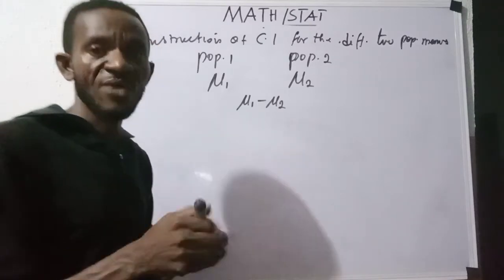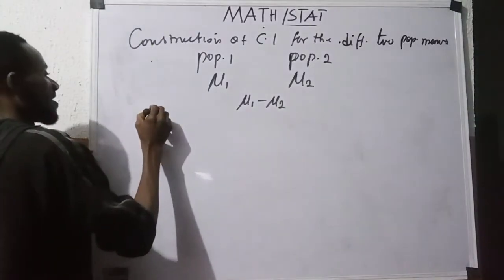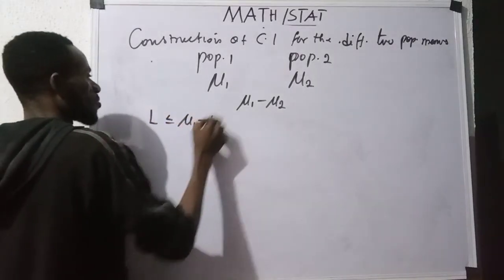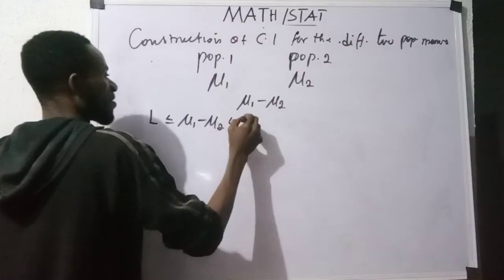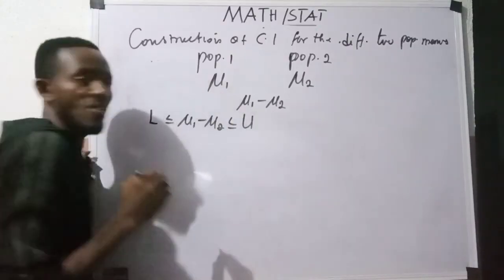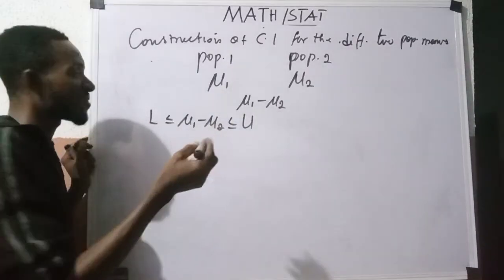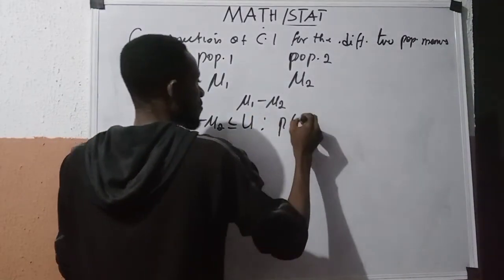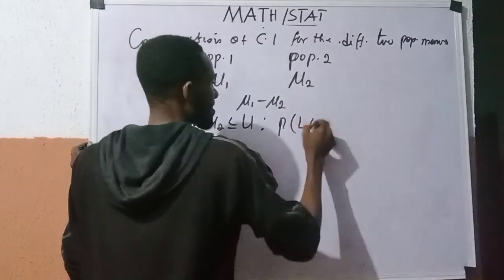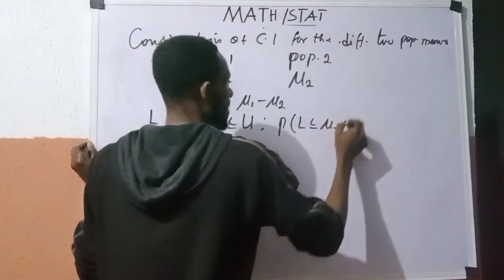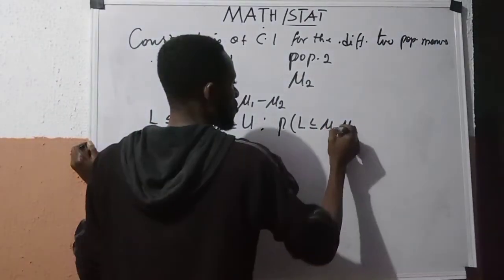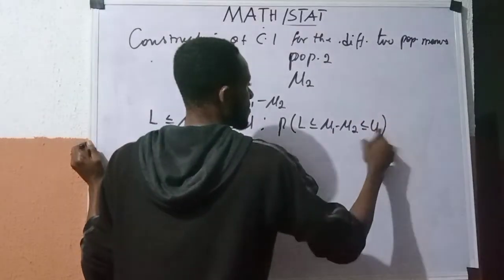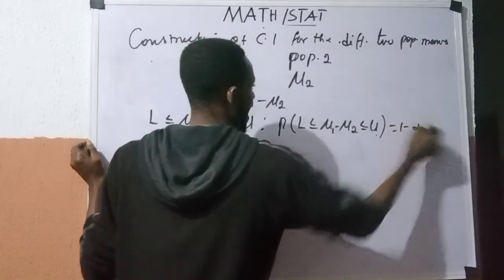Such that what you are going to have here is that L is less than or equal to mu 1 minus mu 2, which is less than or equal to U. Bringing in probability, you have P of L less than or equal to mu 1 minus mu 2 less than or equal to U equals 1 minus alpha.